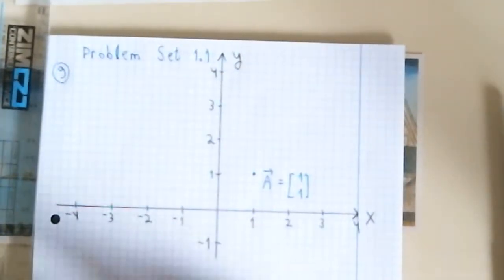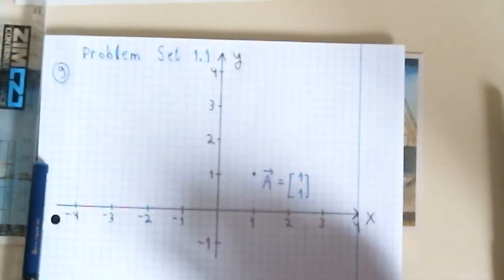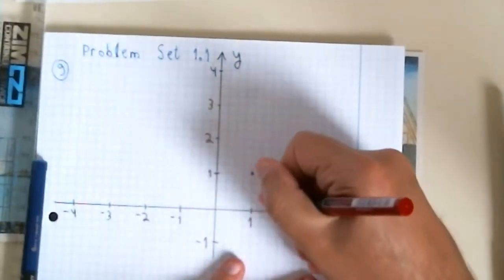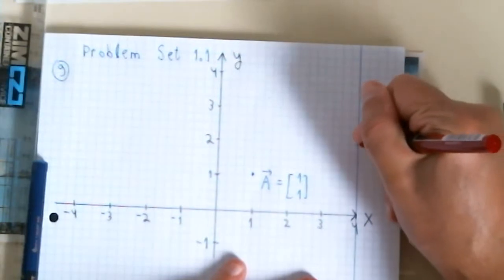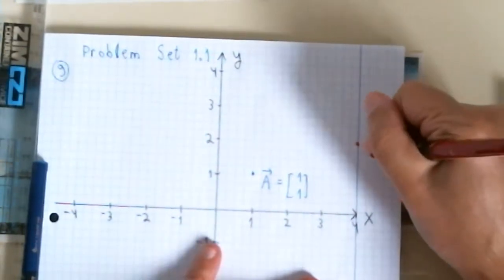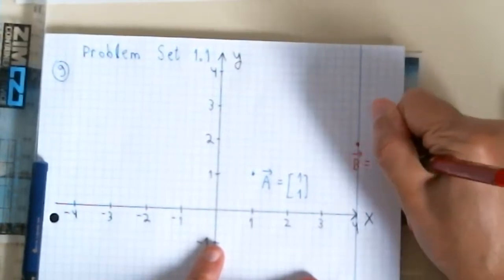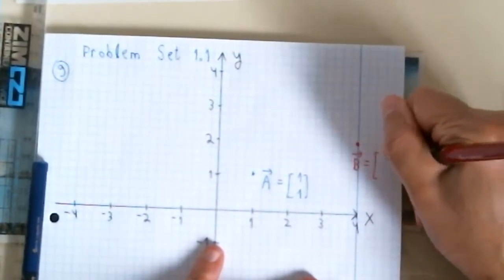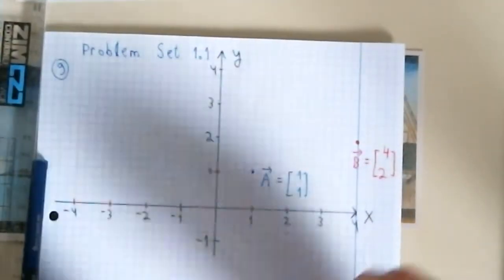The second point is B. Okay, B is 1, 2, 3, 4, and I'm just calling them names because it's easier for us later. So B would be 4 and 2, and it's here.